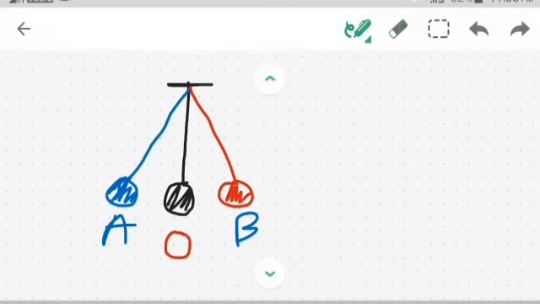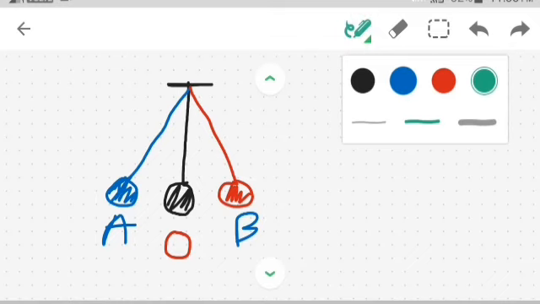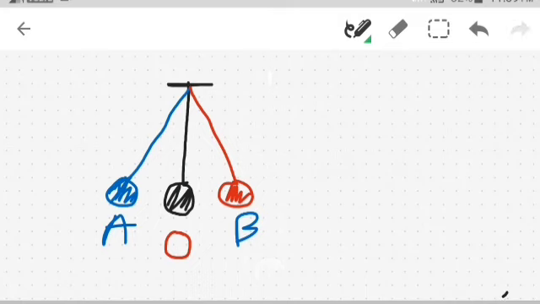Now we talk about time period. The time taken by the vibrational object to complete one oscillation is called time period. Suppose it starts moving from this position.